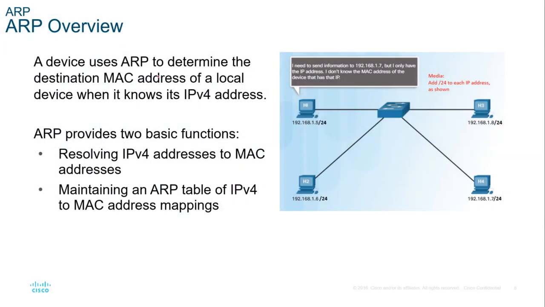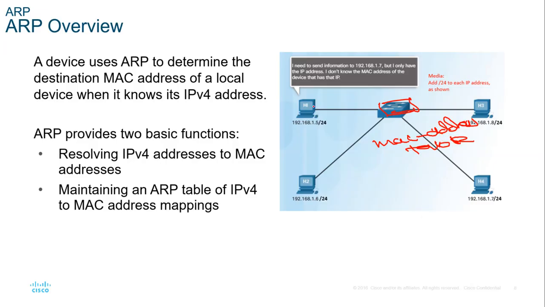A device uses ARP to determine the destination MAC address. The source MAC address is known, but the destination is not. Right now, in the first place, the switch's MAC address table is empty. So the MAC address table has to be populated.